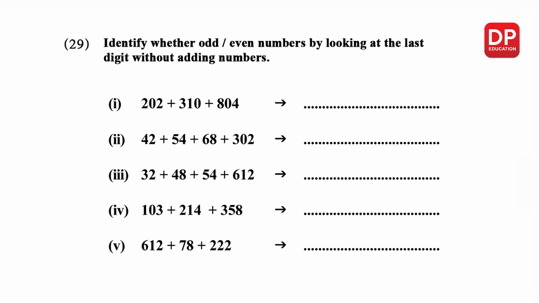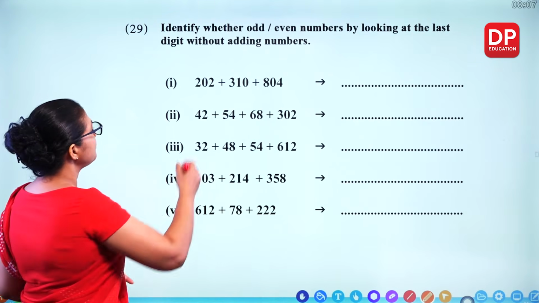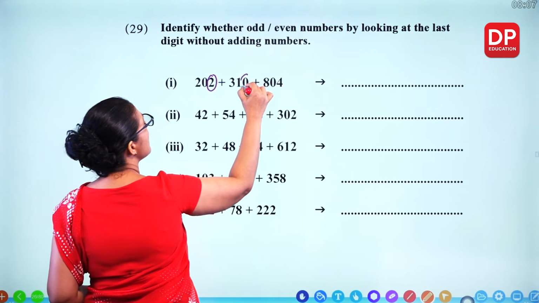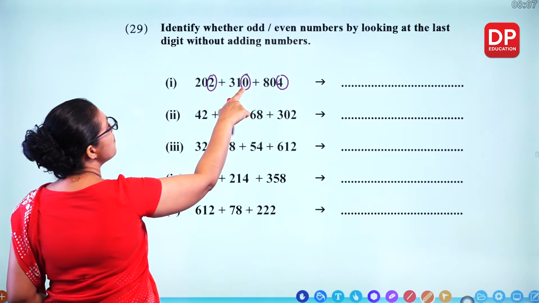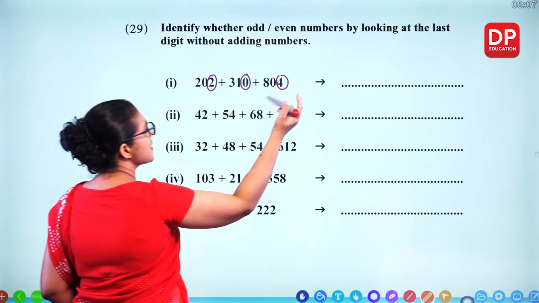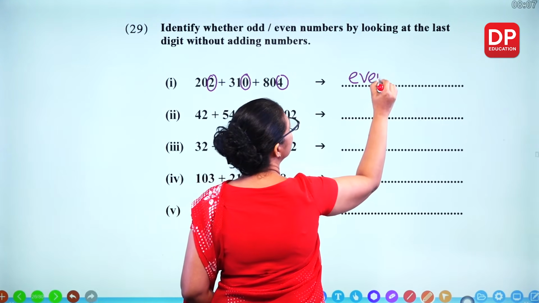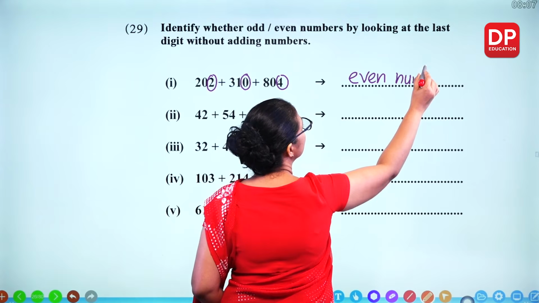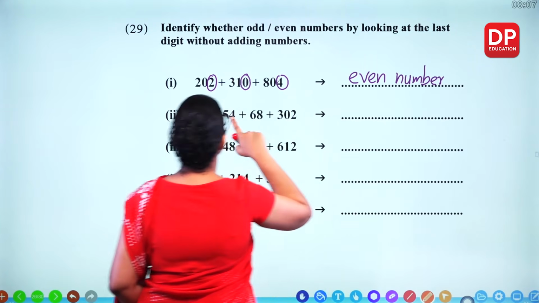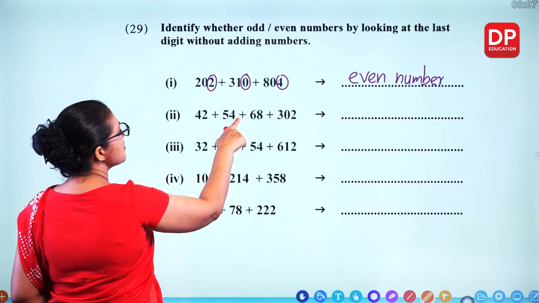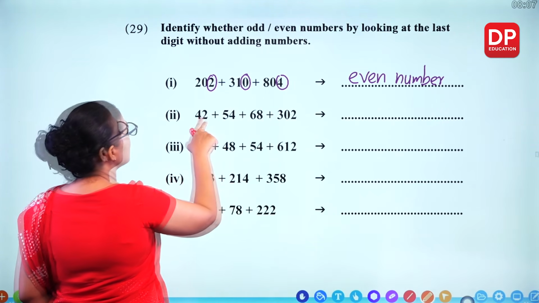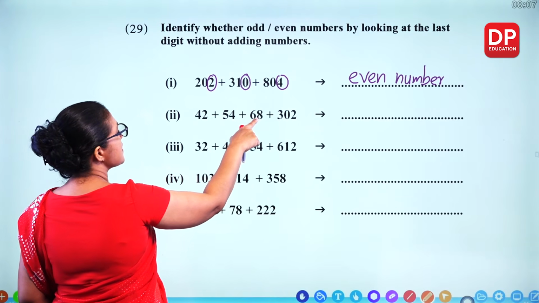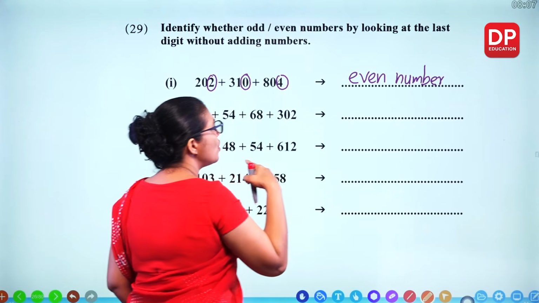Identify whether odd or even numbers by looking at the last digit without adding numbers. Only by looking at the last digit. All these are even numbers. 2 plus 0, 2. 2 plus 4, 6. That's an even number. 4 plus 2, 6. 6 plus 8, 14. 2 plus 4, 6. 6 plus 8, 14. 14 plus 2, 16.